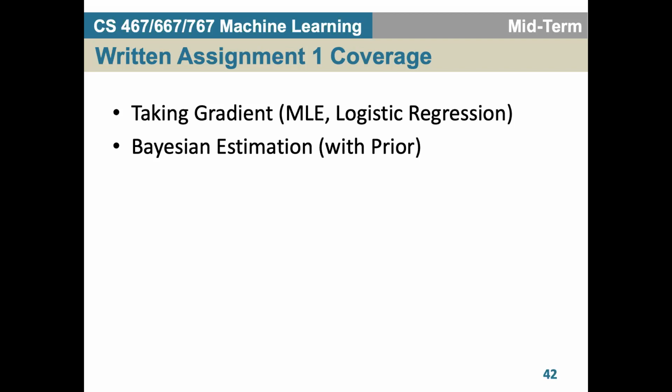And the Bayes estimation was prior, right? So we have a question asking about prior. You need the prior times the class conditional probability. And one particular question is about vector calculus to derive the linear, I think least squares, right?